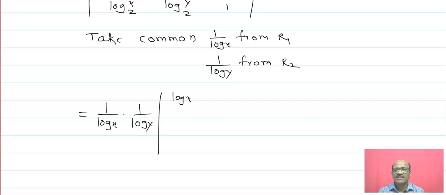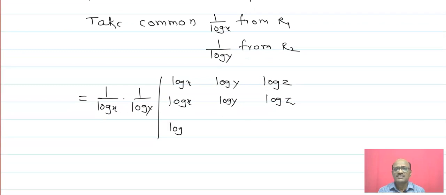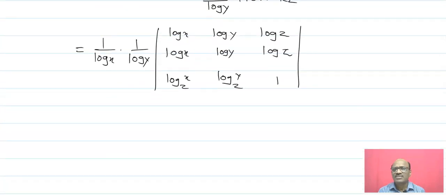Then we get log of x, log of y, log of z, and second row log of x, log of y, log of z, and the last row is as it is, log of x to the base z, log of y to the base z, and 1. Now in this case, two rows are identical, therefore the value of the determinant is 0. Therefore 1 upon log of x into 1 upon log of y into 0, and the whole answer is 0.